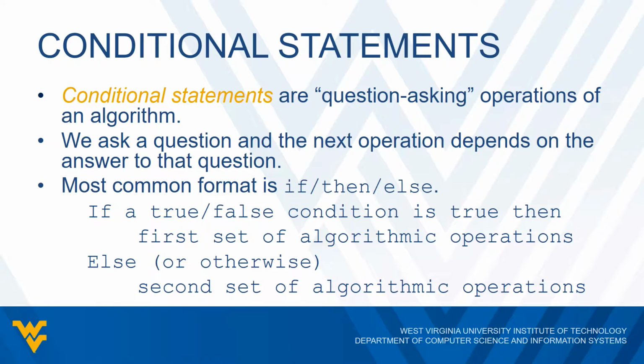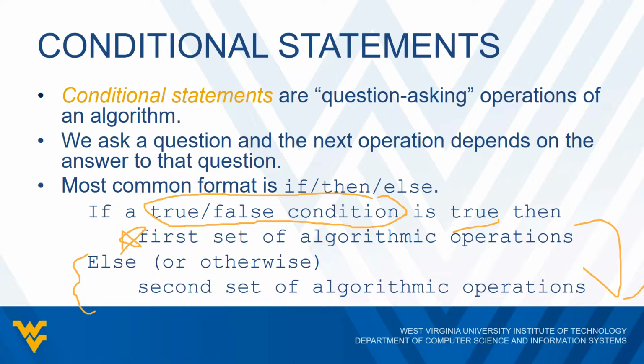We evaluate this true-false condition. If it's true, then we perform this set of operations. In this format it looks like just a single line, but it could very well be multiple lines. We perform all these operations, and when we're done, we skip over the rest of this and continue on with the rest of our algorithm.